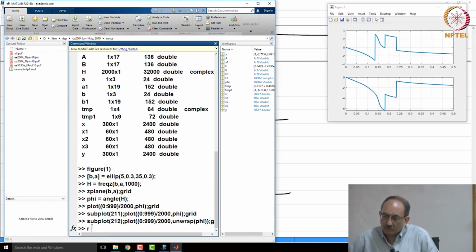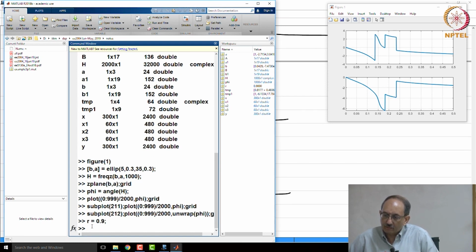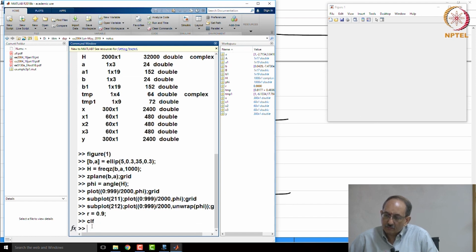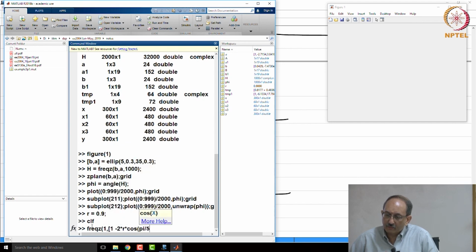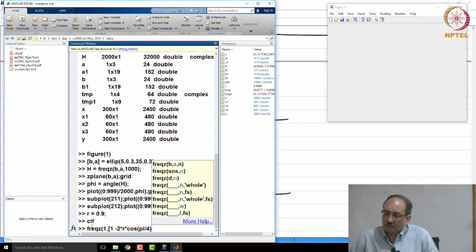Therefore, if I have say R equal to 0.9, so the numerator is 1, denominator is 1 minus 2 times R cos theta, let me have theta as pi by 4, z inverse plus R squared z power minus 2.